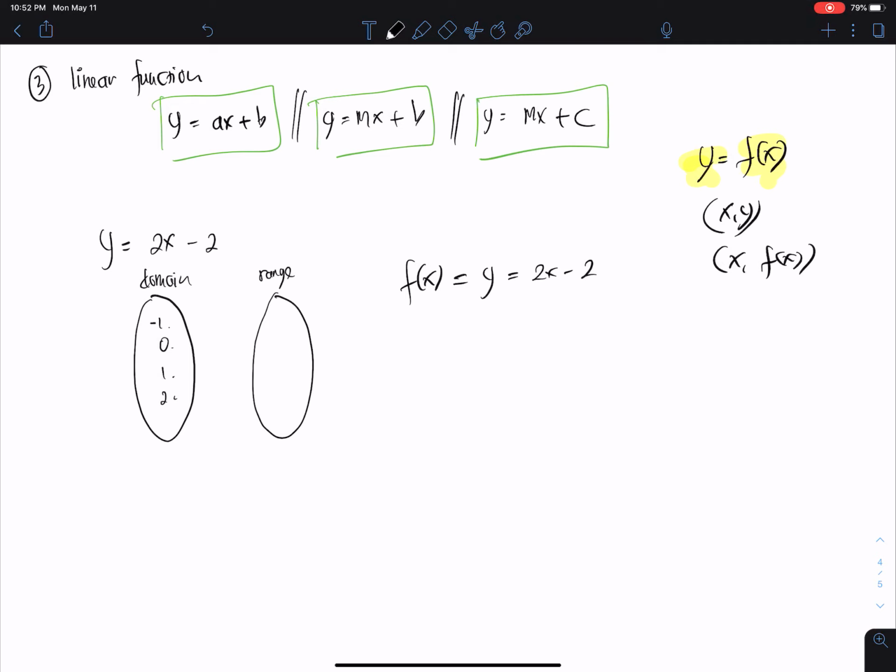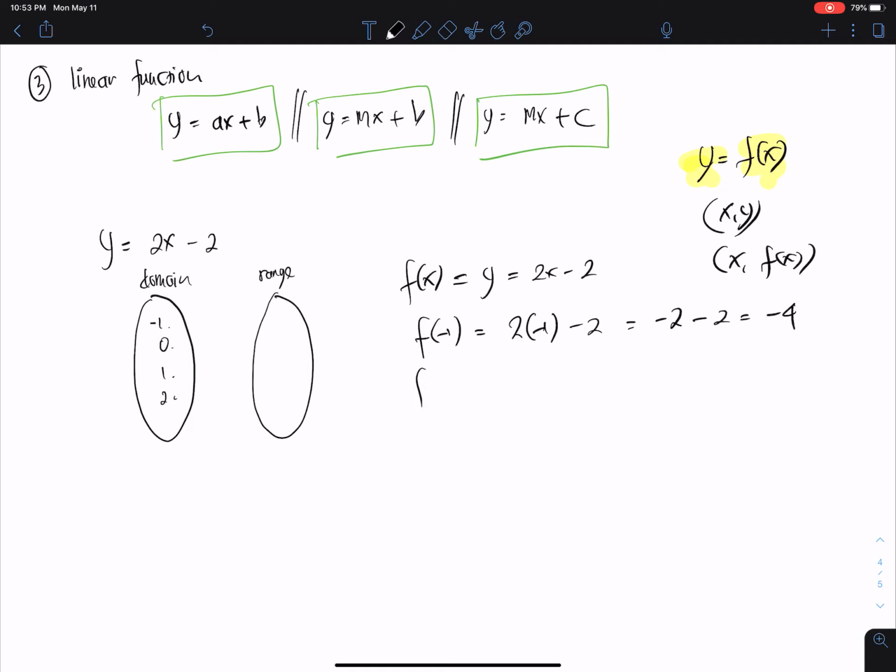So coming back to our discussion, we would like to find the pair for minus 1, 0, 1, and 2 in the range area. For f(-1), what will be y? That will be 2 times minus 1 minus 2. So 2 times minus 1 is minus 2, and minus 2 more gives minus 4.